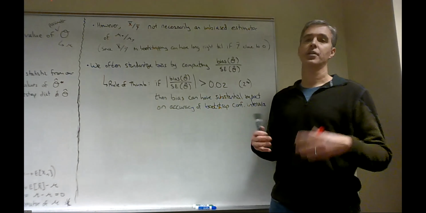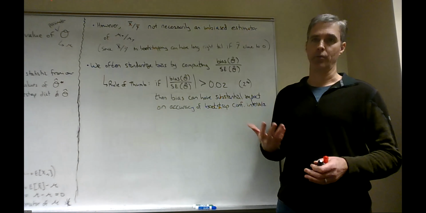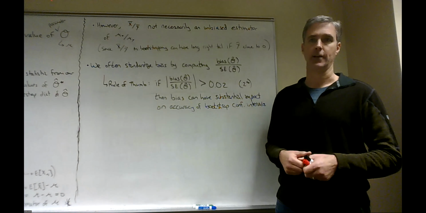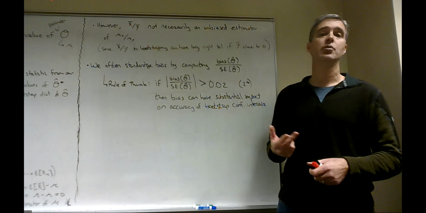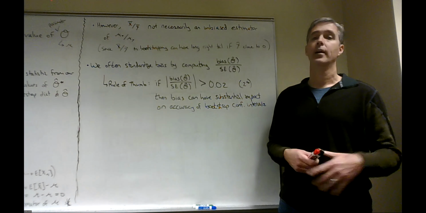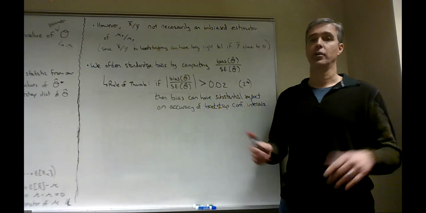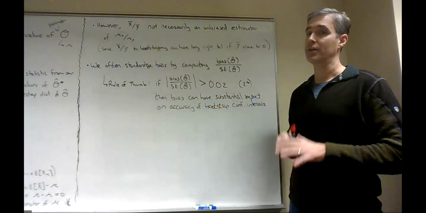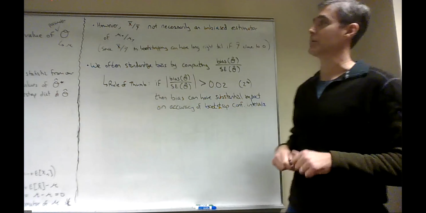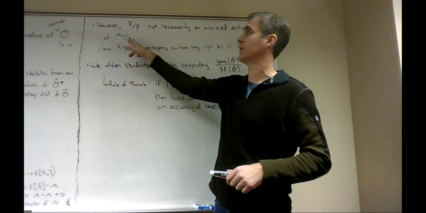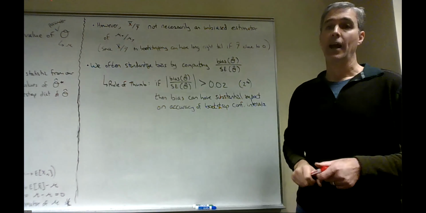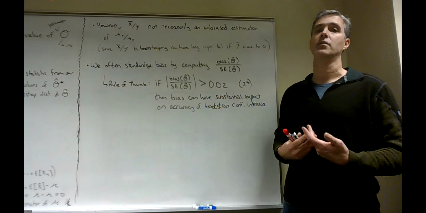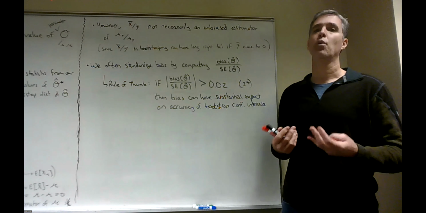But if I start doing funky stuff with sample means, I don't necessarily preserve that unbiased aspect of it. So if I had two samples, an X sample and a Y sample from two different populations, the ratio X bar divided by Y bar need not be an unbiased estimator of the mean of population X divided by the mean of population Y. The reasoning behind that is simply because of problems with division.